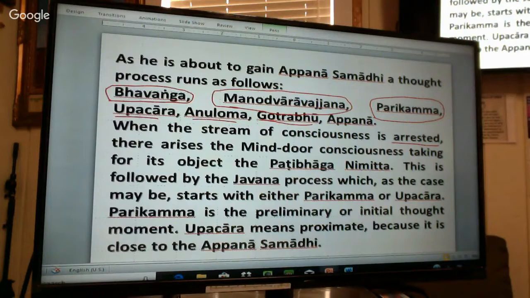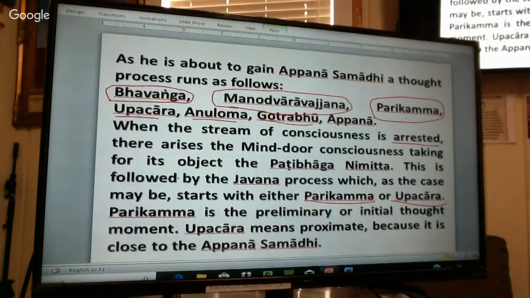That means the bhavanga citta is arrested, and then arises the mind-door consciousness, taking the object, and the javana is also working with that object. And then it follows the jhana process, starting with the parikamma, upachara, and then anuloma, gotrabhu, like this.